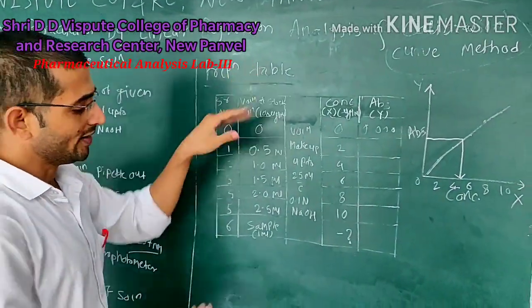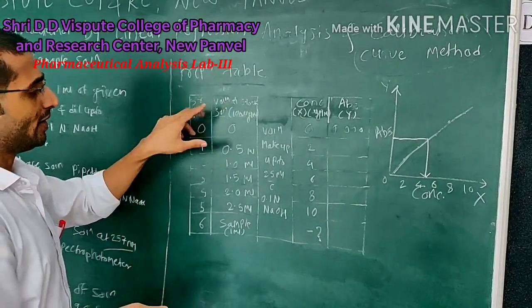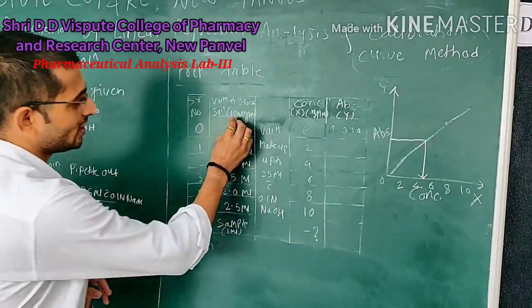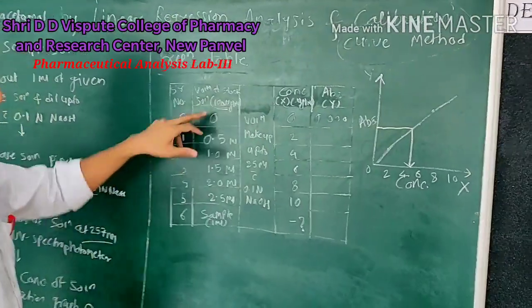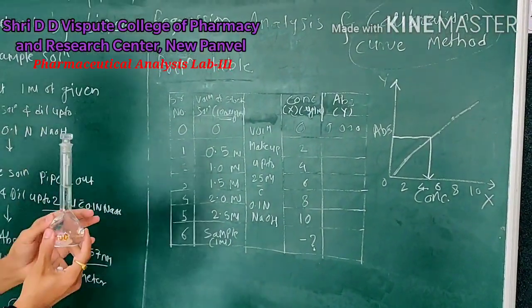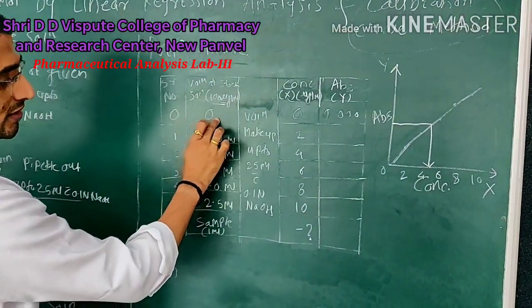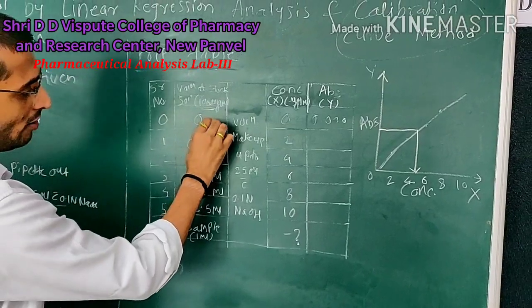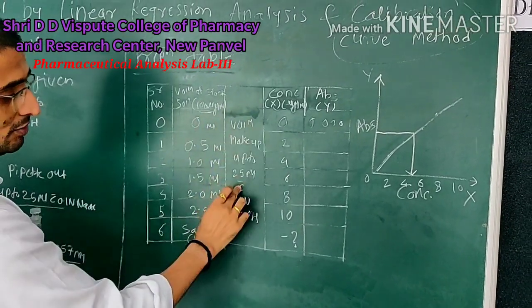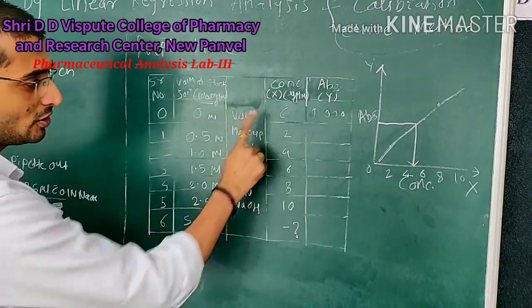There is also a simple table for the preparation of solutions. We have already prepared the stock solution having the concentration 100 microgram per ml. First, take no stock solution, that is 0 ml, and make up the volume up to 25 ml with 0.1 normal NaOH, so the concentration becomes 0.